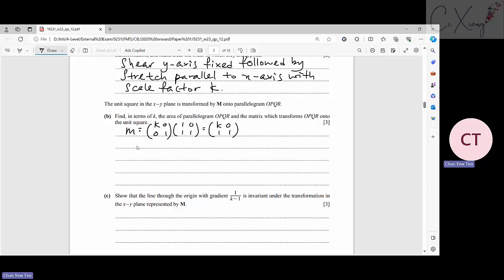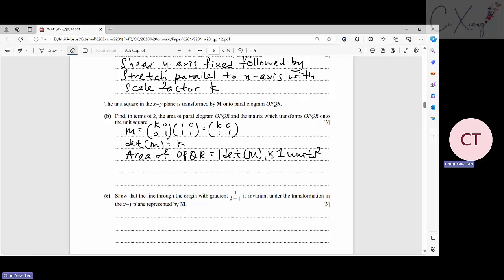Then for the area of OPQR, you need to find the determinant first. Determinant of M is k. So the area of OPQR, which is the area of the image, is equal to the modulus of the determinant of M multiplied by 1 unit square.